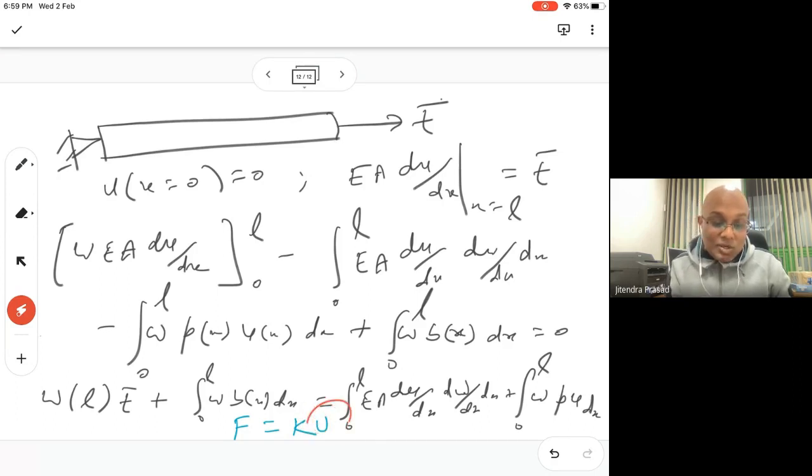This matrix also contributes, because it contributes to the stiffness, and this concept we will know very soon. I'm giving you a heads up right now, but we will study this.